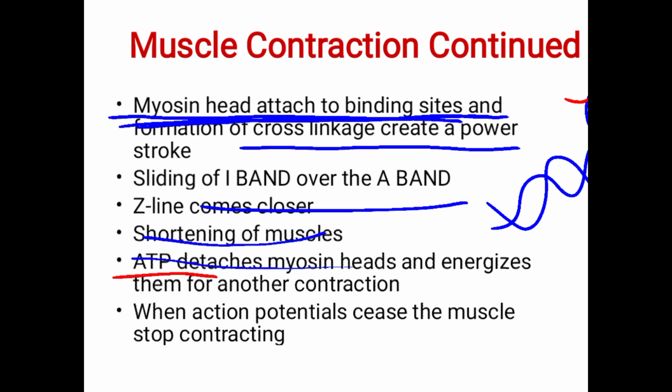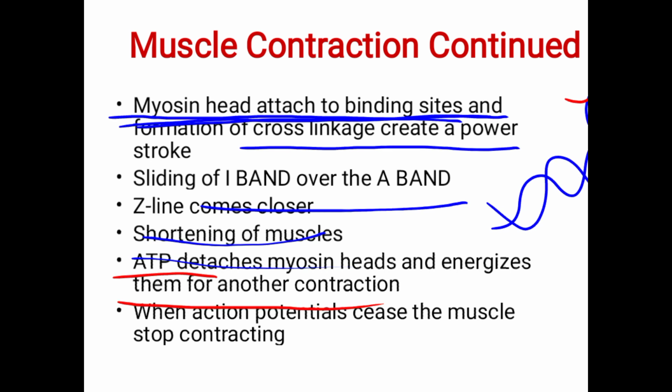Whenever you are doing a muscle contraction, your energy will be used, because that energy is in the form of ATP. Because of ATP, only then will the myosin head attach to the actin filament. So energy is utilized for contraction. Whenever the myosin head gets detached from the actin filament, the ATP molecules will be released.